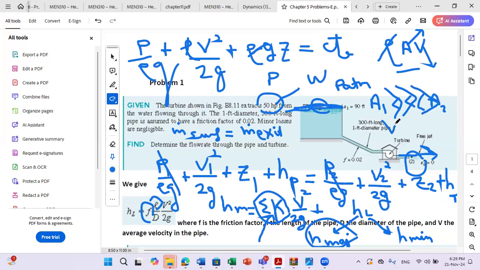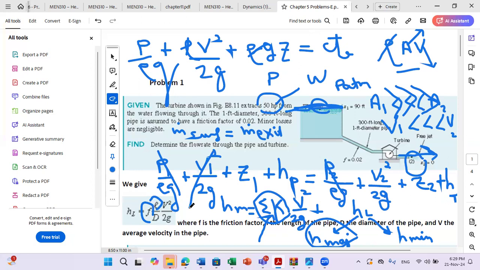So we can say that V1 is much smaller than V2, so we can neglect it in the Bernoulli expression. And whenever you have a very large surface, you can consider that V will tend to 0. So this term will cancel out.